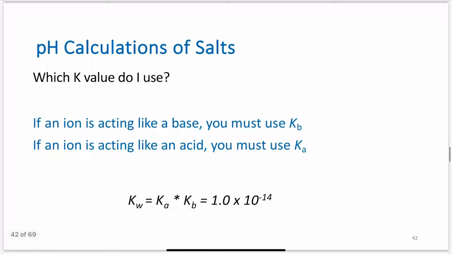Be careful with that on homework because, of course, you can always look up the K values. But, okay, so which K value do you use? Do you use Ka or Kb? The truth is it depends on how it's acting. If an ion is acting like a base, you have to use Kb. Acting like a base means forming hydroxide in solution.